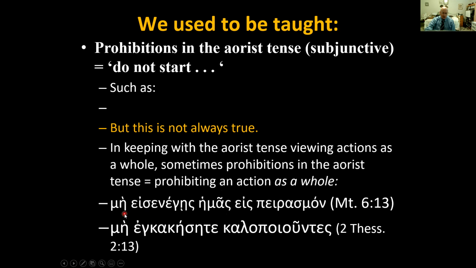And Jesus is making a prohibition with the subjunctive in a request to God in the Lord's Prayer, do not lead us into temptation. Me eisenegkes. Lead us not into temptation.